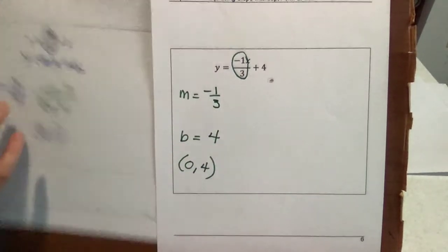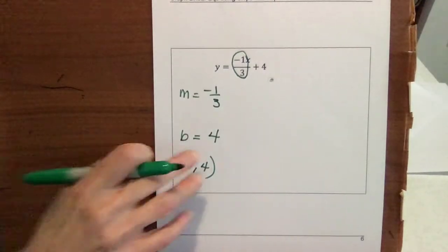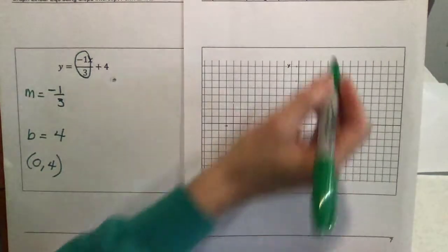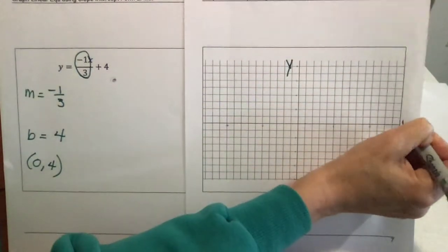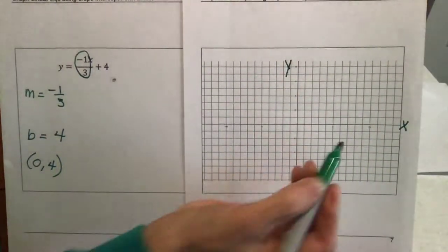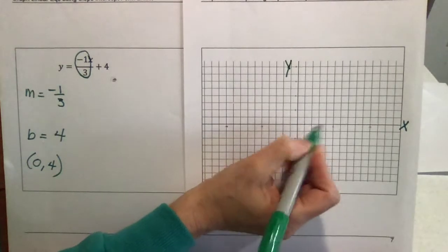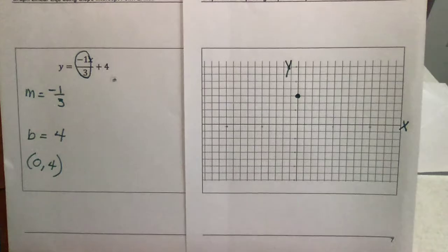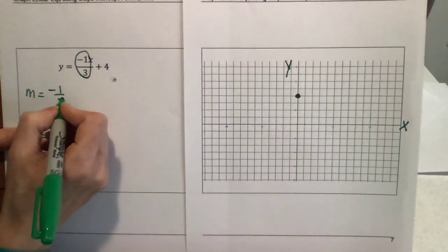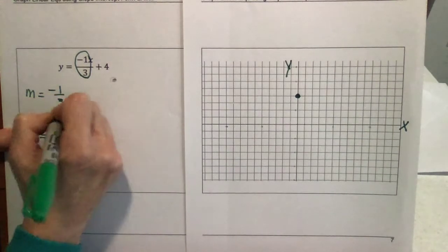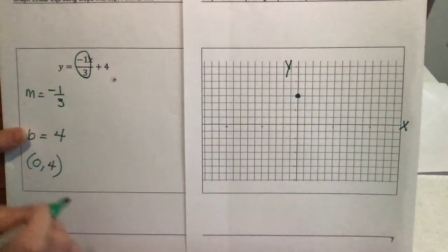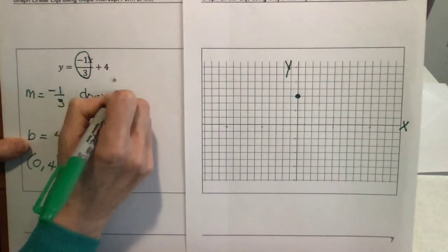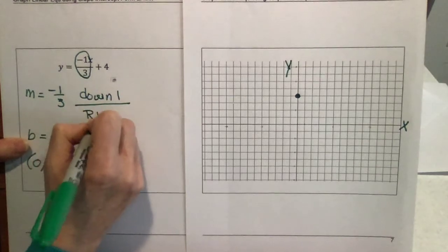All right, so let's graph that guy. This is our y-axis, this is our x-axis, labeled nicely. We're going to go not left or right, but up 4, 1, 2, 3, 4. Now, looking at our slope, it's negative 1 over 3. You use the negative sign once, so down 1 and right 3.